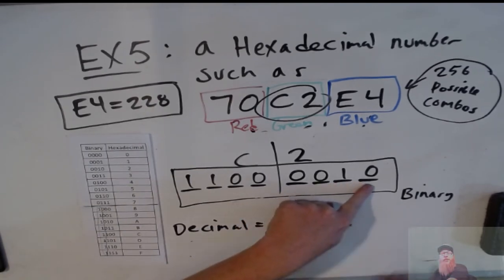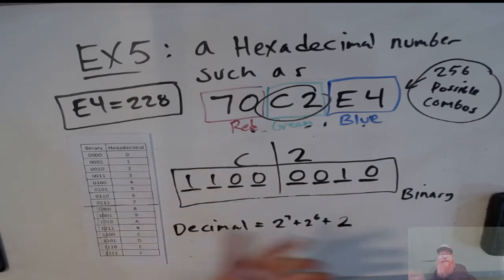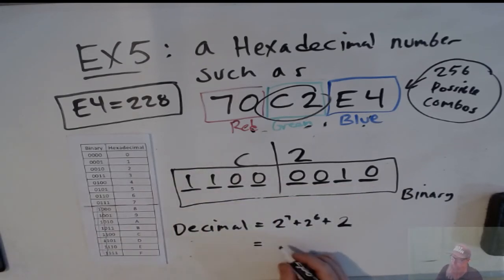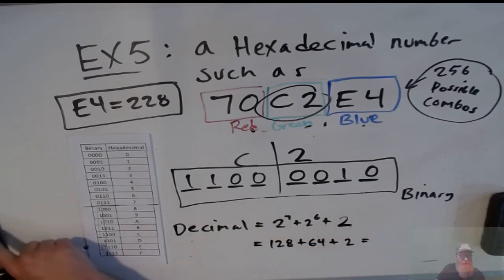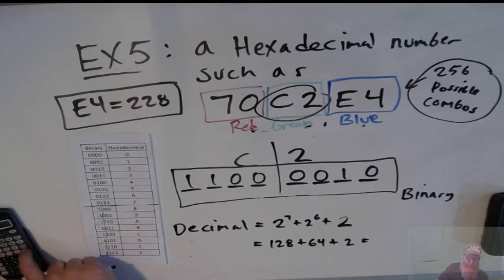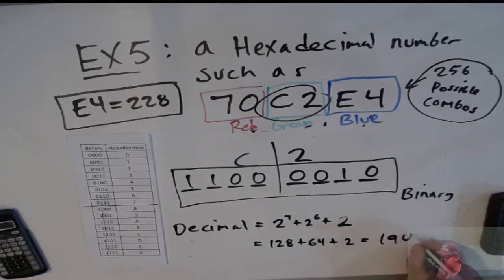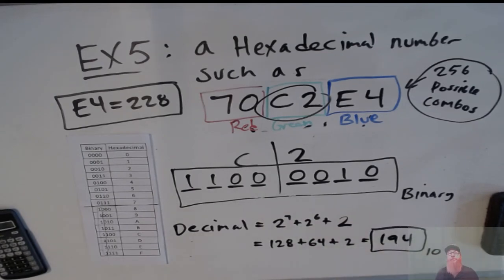The last digit means 0. So that's 128 plus 64 plus 2. It's 194. And that would be base 10, the decimal number.